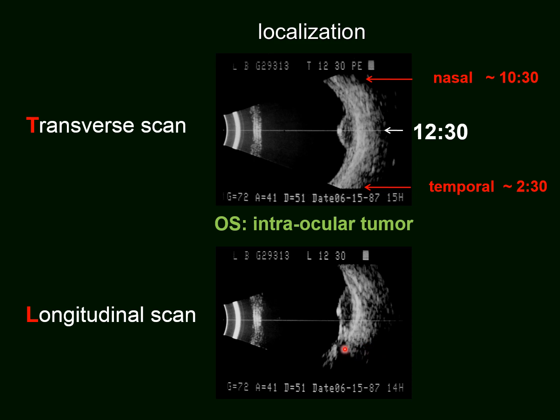And it shows the optic nerve in the back and shows that the tumor is very close to the optic nerve. All this is 12:30 o'clock meridian, anterior to posterior.